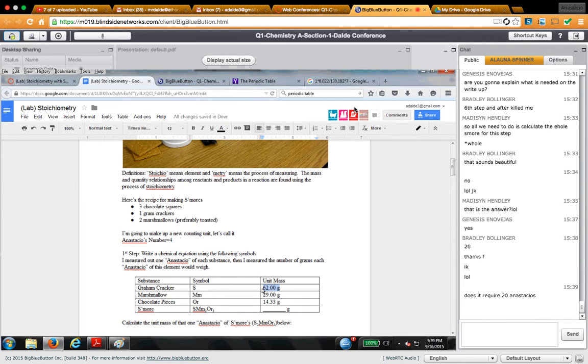But remember, this number 62 actually represents 4 graham crackers itself. So you take that answer, the 20 times 62, and divide that by 4. And that's the mass of your graham crackers.